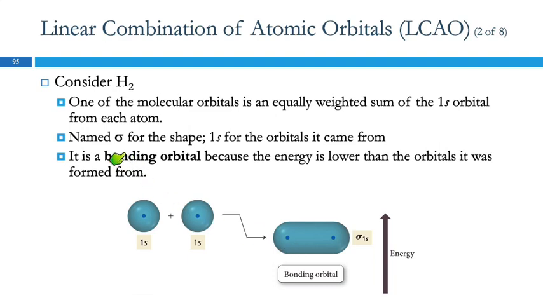This is called a sigma orbital. Sigma and pi will be used in this theory as well. Remember, in valence bond theory, a sigma bond was cylindrical, spherical from the end, symmetrical, kind of shaped like the sigma. If you imagine looking at this from the end, it's like a sausage or a hot dog, right? It's round. So this is a bonding orbital.